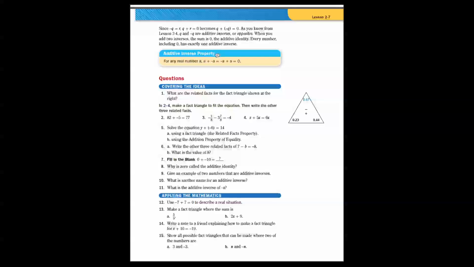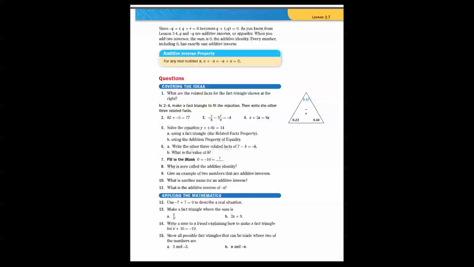If a is a negative number, let's say for example a is negative 2, the opposite of a is 2, such that negative 2 plus 2 equals 0. So the opposite of a plus a equals 0. That's what this property means to us. Do be careful about how you do that. It's a common mistake. If you state it this way, I believe you can avoid making that mistake and be successful with your algebra.